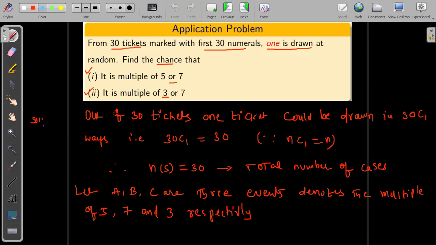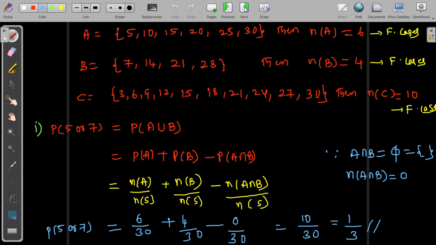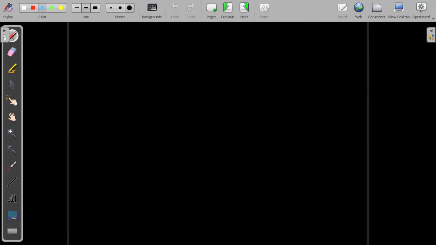Now we'll go back and check the second question. It is a multiple of 3 or 7. Now we have results available already. For the second question, I want to find the probability of 3 or 7, which represents the probability of drawing a ticket which is a multiple of 3 or 7. It may be a multiple of 3 or it may be a multiple of 7.